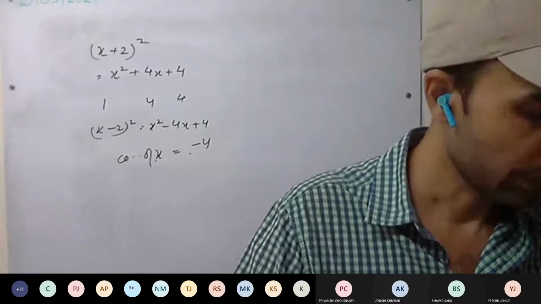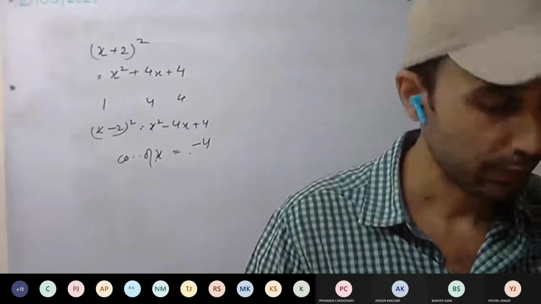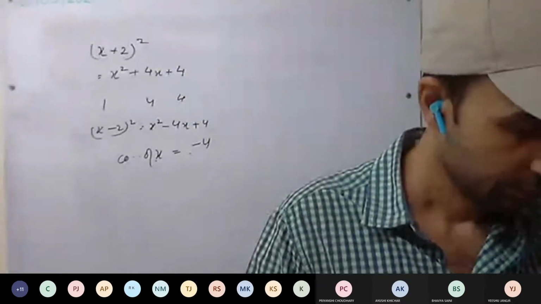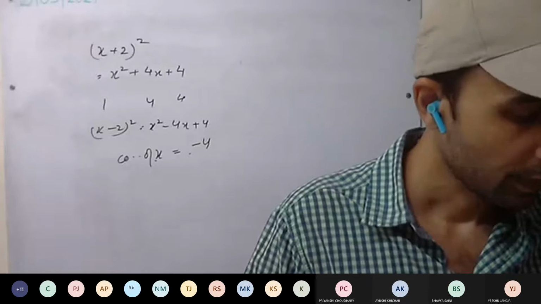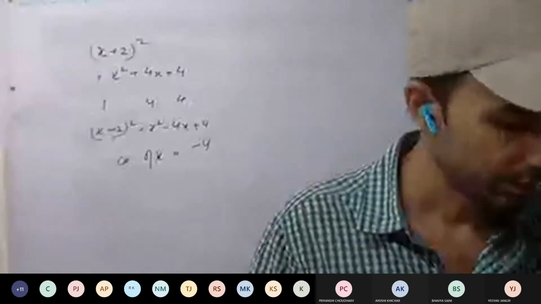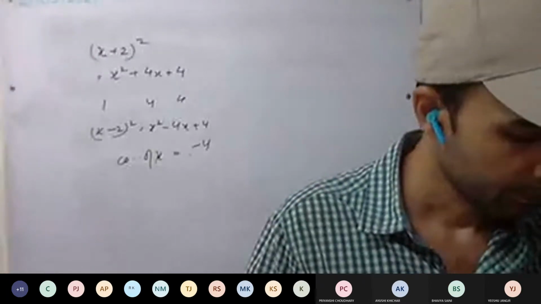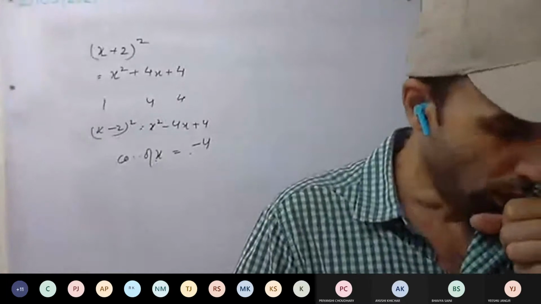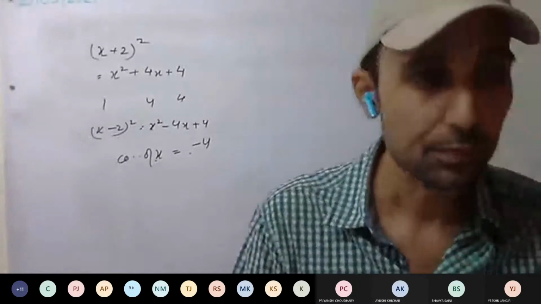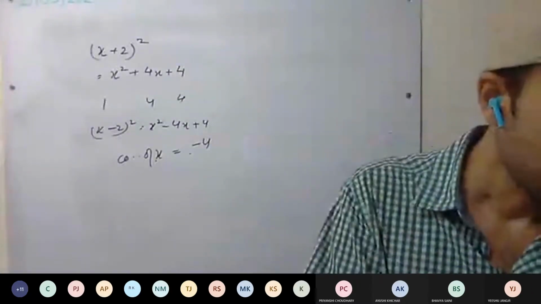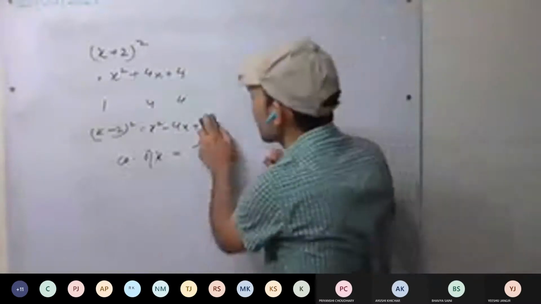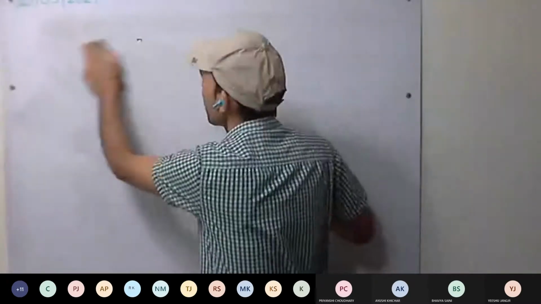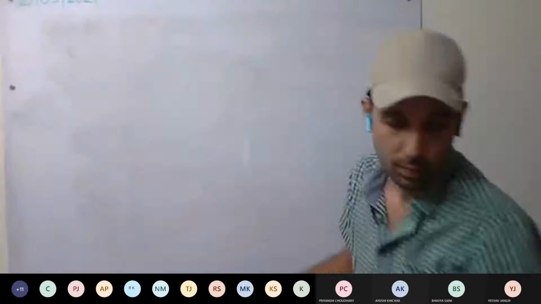How are you going to do the fourth one? Read the fourth question once. Everyone, read the fourth question. So here, x square plus 1 upon 9x square is given.